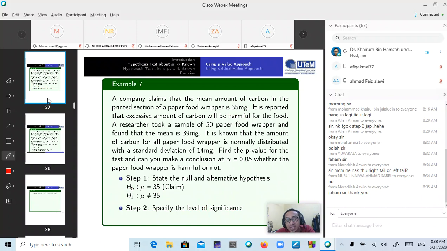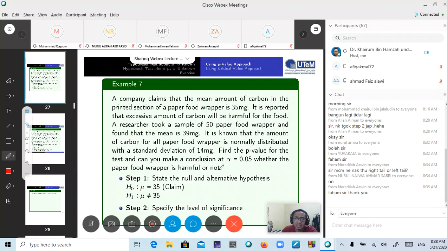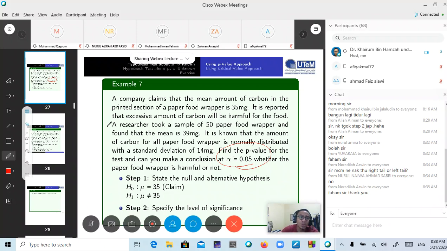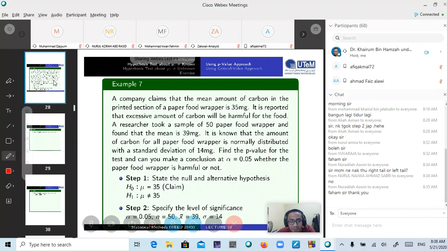Specify the level of significance. Level of significance memang dah terang-terang tulis sini. Alpha equal to 0.05. Bila awak dah tahu alpha equal to 0.05, you list lah semua sekali. What is your X bar? What is your mu? What is your n? Sebab benda tu we want to use in order to solve on step 3.